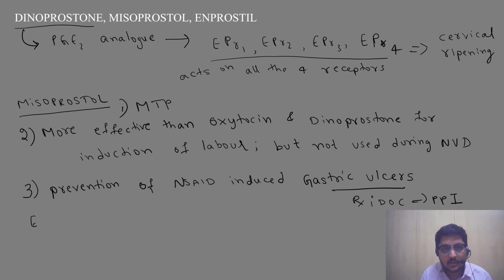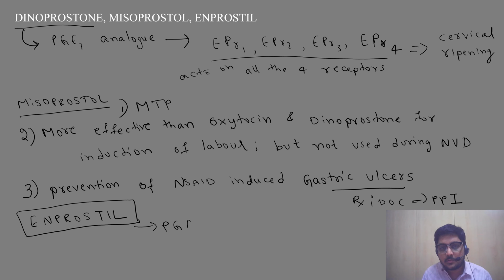And the last drug on this page is enprostil. This enprostil is a PGE2 analog. It acts on the EP3 receptor only, and is indicated in peptic ulcer.